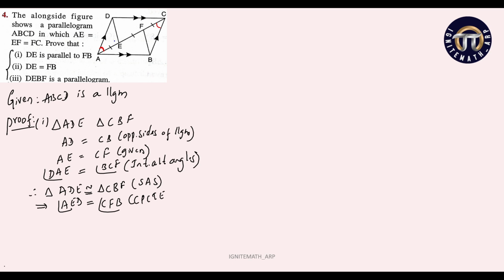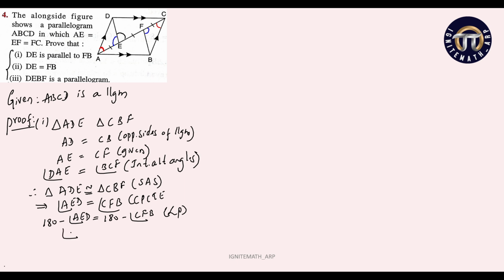Clear, children? So what does it mean? AED, this angle, is equal to CFB, this angle. Now I do 180 minus AED, which will be equal to 180 minus CFB, since they form a linear pair. Equals subtracted from equals, the remainders are equal. 180 minus AED gives this angle, children.